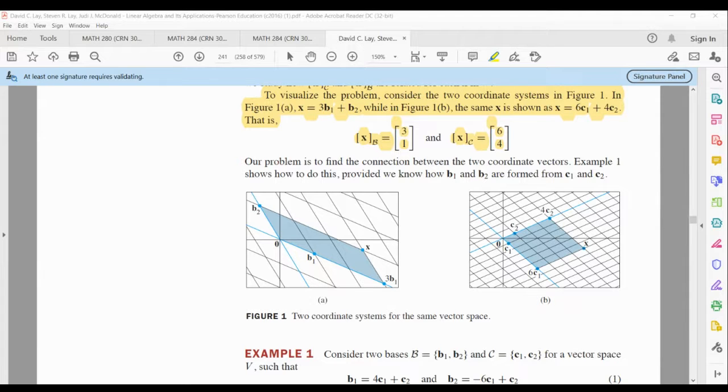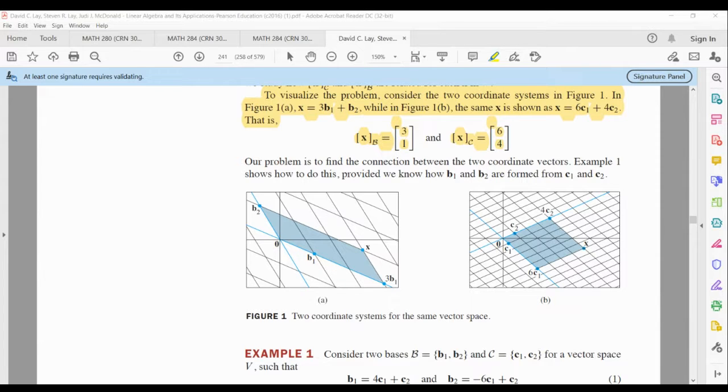Okay, so different coordinate systems clearly in figure 1a and figure 1b, and the grids in figure 1a and figure 1b correspond to the differing coordinate systems respectively.